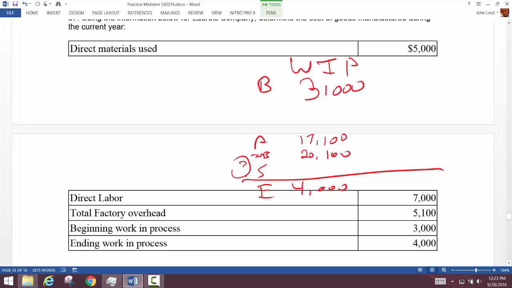And then I'm going to do my little side calculation. 20,100 minus my ending balance of 4,000 means I must have subtracted what? 16,100 from my total available to come up with an ending balance that was given to me of 4,000? Is that the answer?